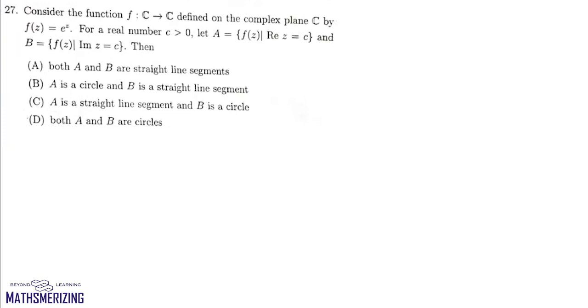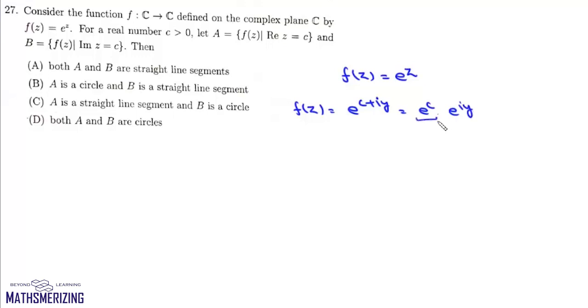Now question number 27 is, consider the function f which is defined by f(z) equals e to the power z. Now for a real number c greater than 0, let A equal f(z) such that the real part of z is equal to c. Now for this set A, we can write f(z) as e to the power c plus iota y, which is e to the power c into e to the power iota y.